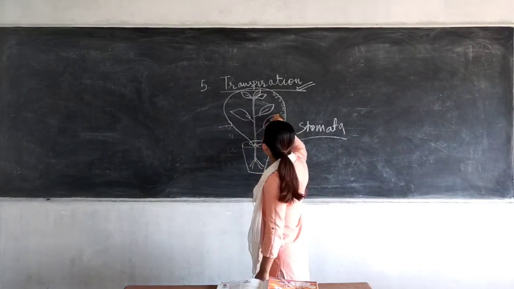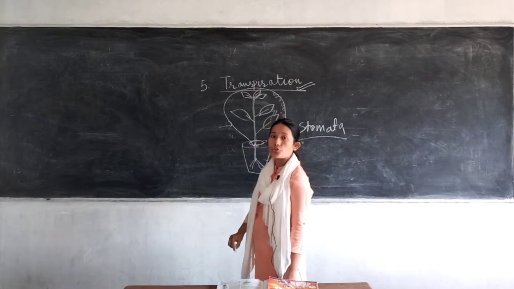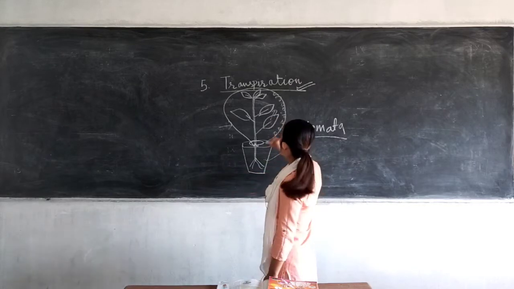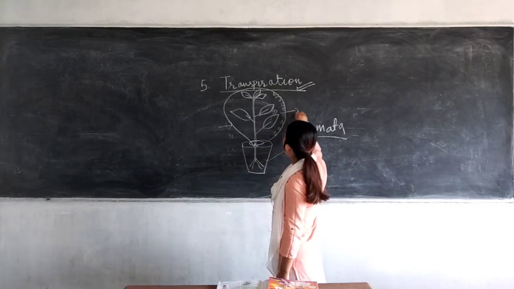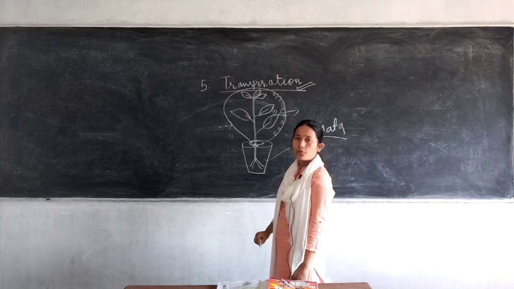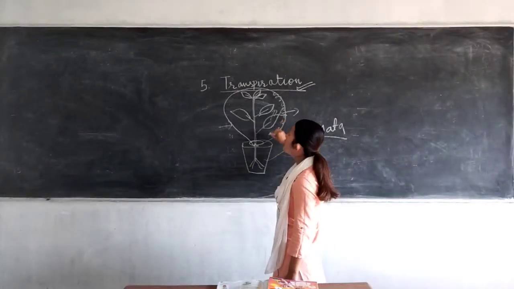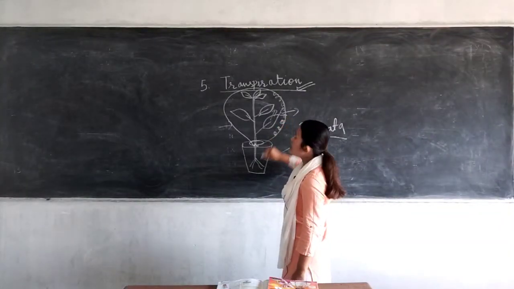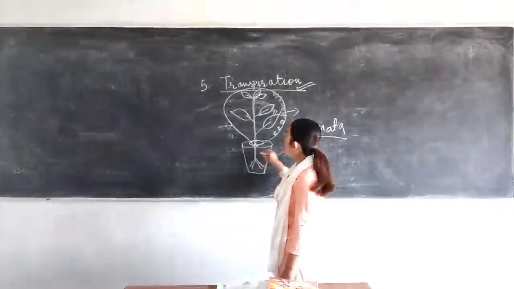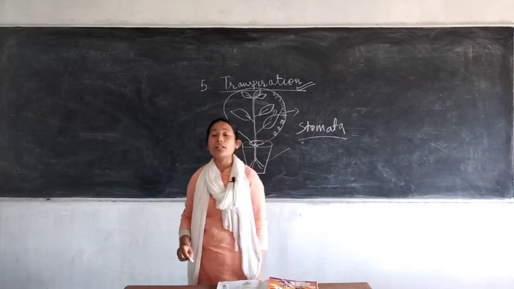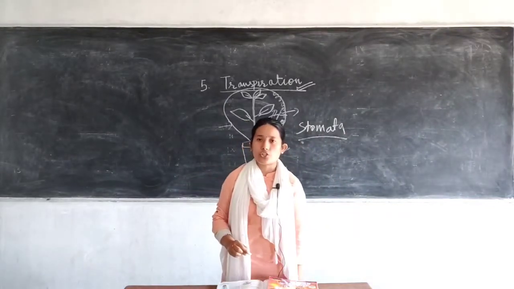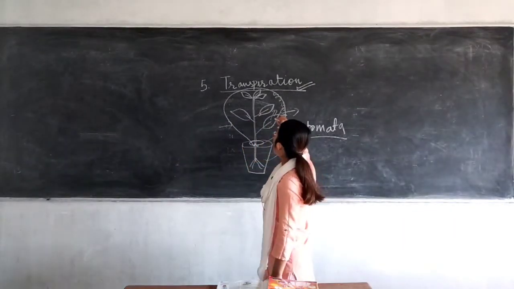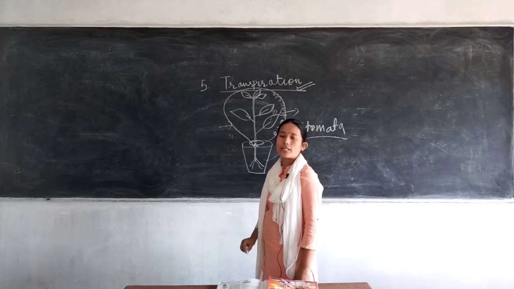The water that was released through the stomata of the leaves, because of the temperature difference between the outside environment and the inside of the polythene, the water vapor got converted into droplets of water. So this experiment proves that transpiration occurs in plants, and majorly it is through the stomata present on the leaves.